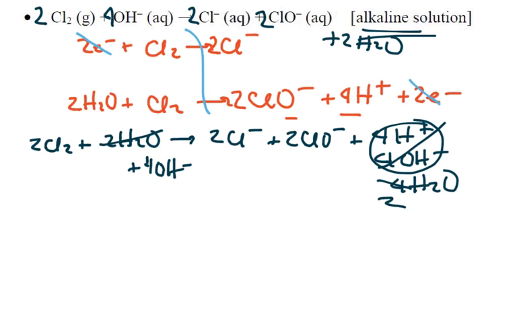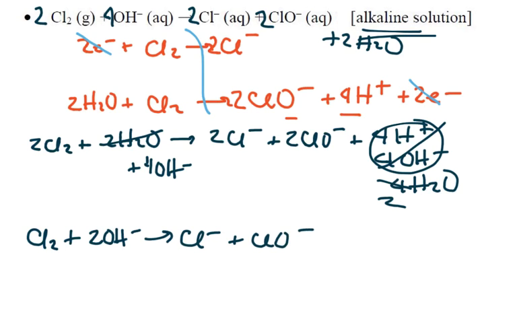And that's my final balanced equation, except everything is 2's. So I'm going to reduce. So Cl2 plus 2 OH minuses turn into Cl minus plus ClO minus plus H2O. That'll be my balanced equation.